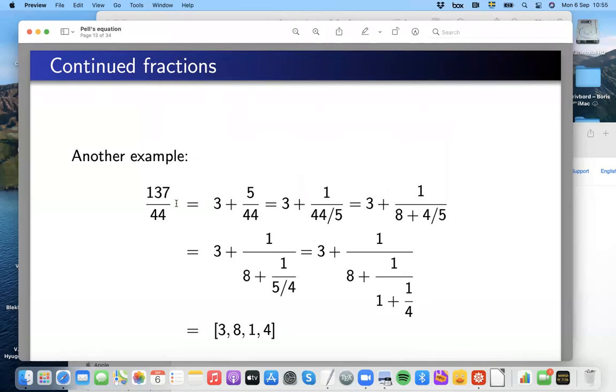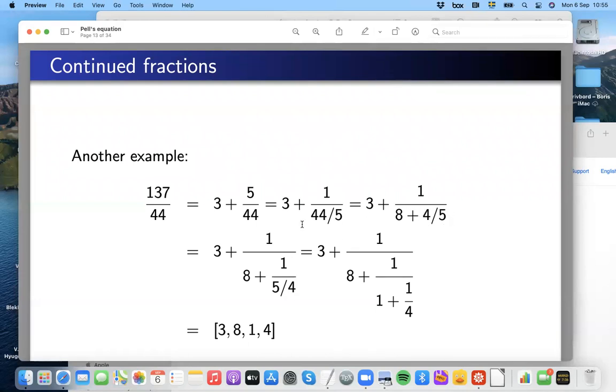Now let's try to do another example. If we take a rational number 137 divided by 44, the integer part would be 3. The remainder would be 5 divided by 44. You invert it, 3 plus 1 divided by 44/5. You split off the integer part, you get 8. So you have 3, 8, and the remainder here is 4/5.